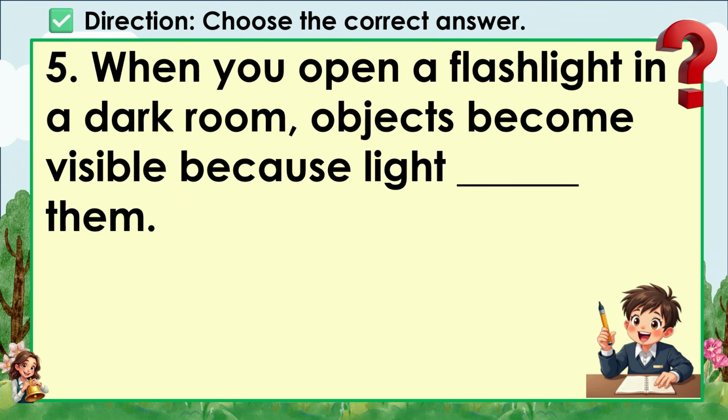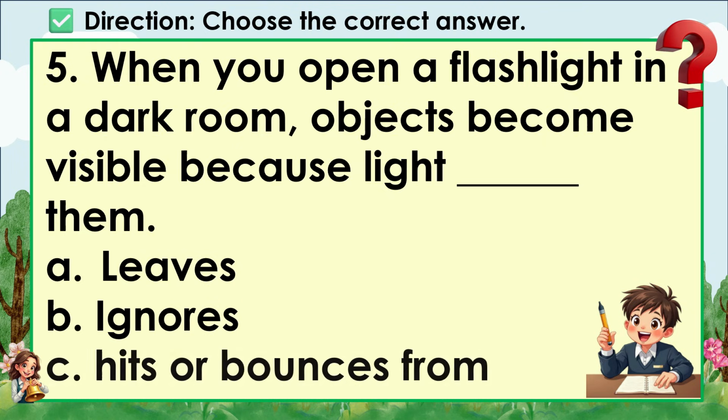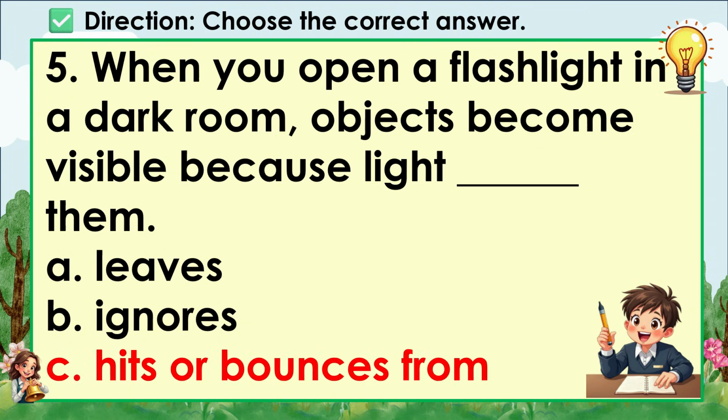When you open a flashlight in a dark room, objects become visible because light blank them. A. Leaves. B. Ignores. C. Hits or bounces from. The answer is letter C. Hits or bounces from.